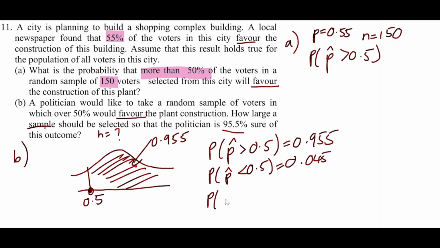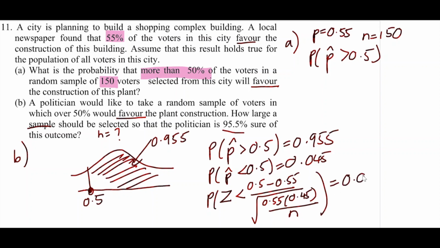So this gives me Z is less than 0.5 minus P over square root of PQ, Q is 1 minus 0.55, 0.45, divided by N, equals 0.045. And then I would check from the table, the probability is given as this. I would check for the Z value and solve for N.